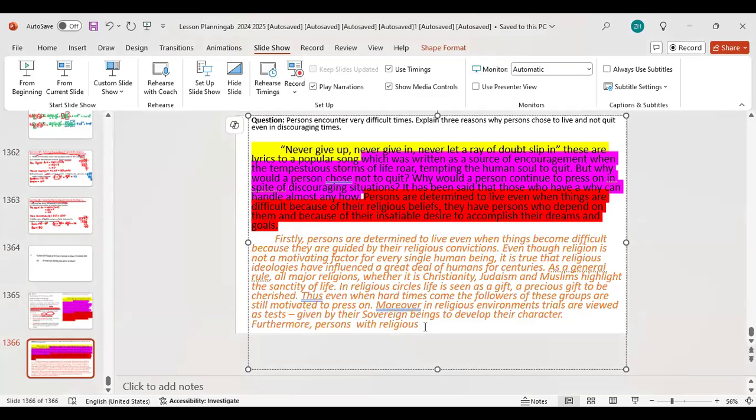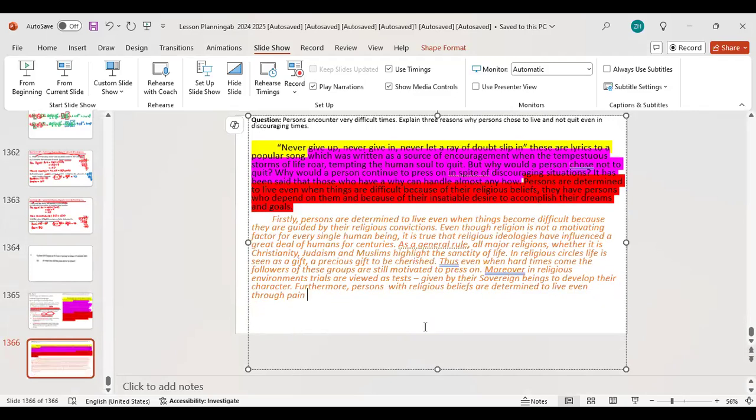So furthermore, persons with religious beliefs are determined to live even through painful situations because they believe in higher powers and are thus imbued with what?